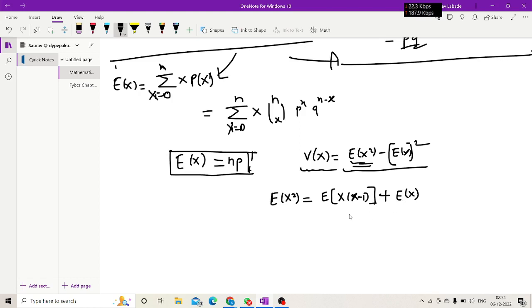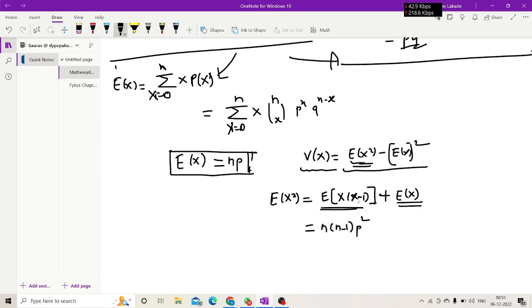If you solve this, x into x minus 1, I will get n into n minus 1 into p square. That will be the value of this.